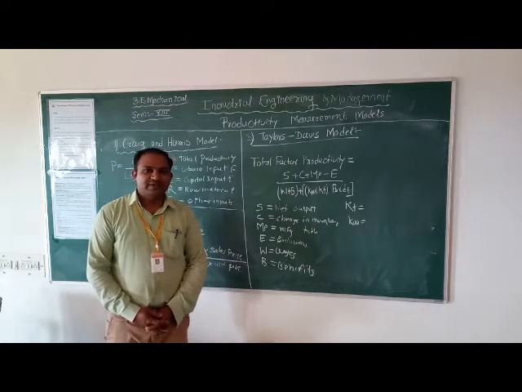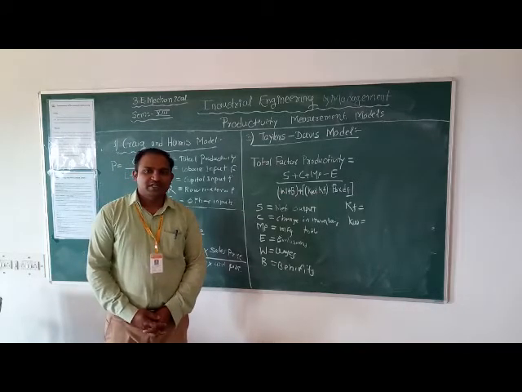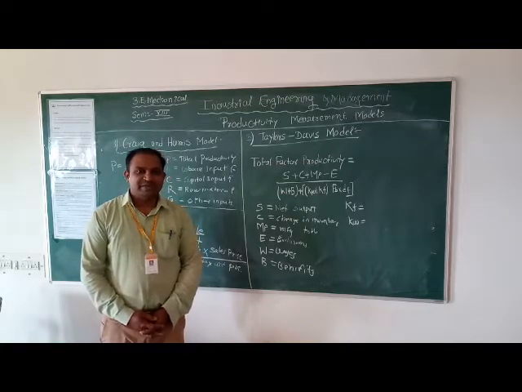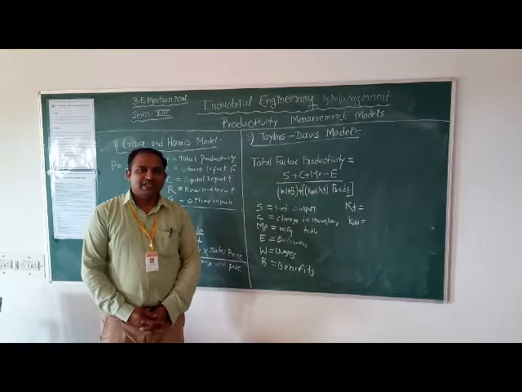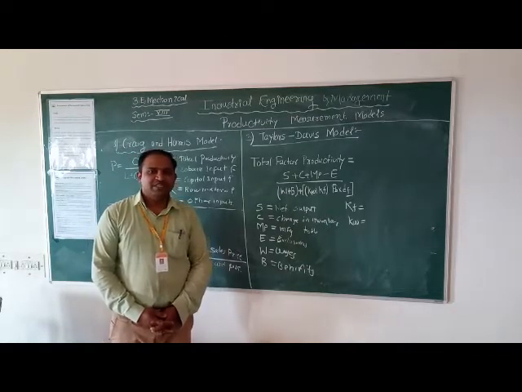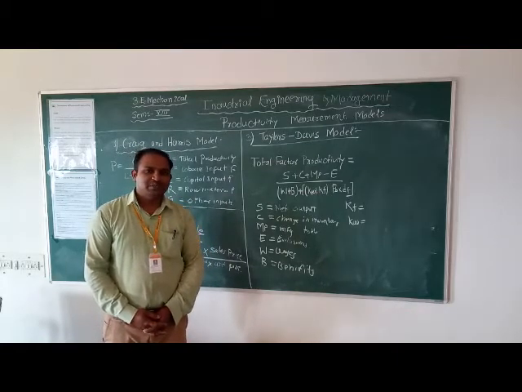Labor productivity is the productivity in which the output is compared with the total labor man hours used to produce this output. Then capital productivity. Capital investment is the machineries and equipment which are fixed in the industry and which can be used to produce the final product.